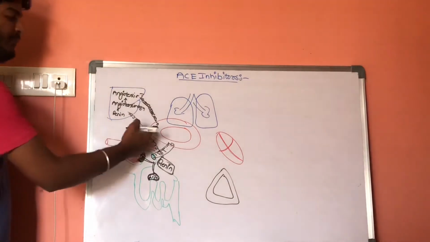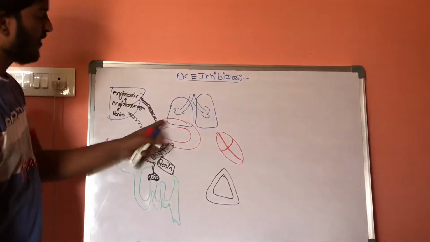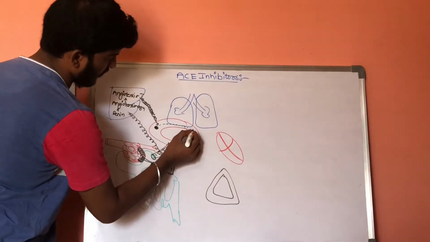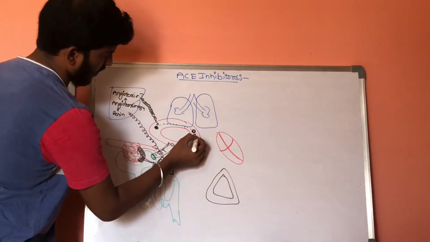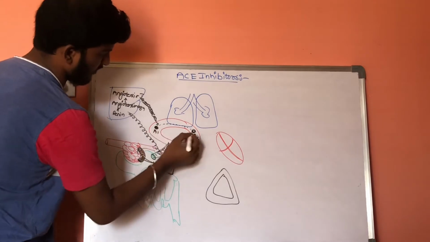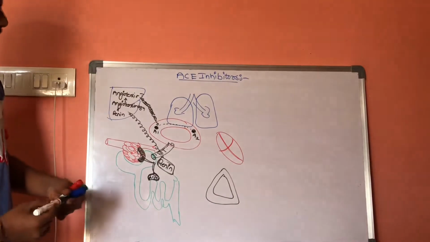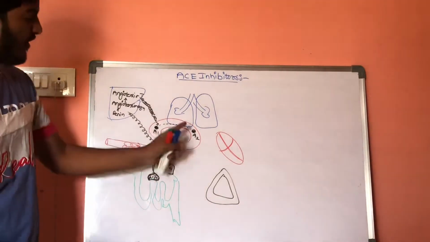Now, this angiotensin 1 must convert into angiotensin 2. This is angiotensin 1 and this is angiotensin 2. How can angiotensin 1 convert into angiotensin 2?